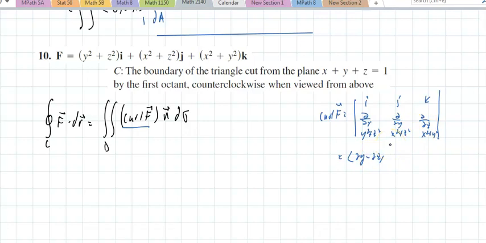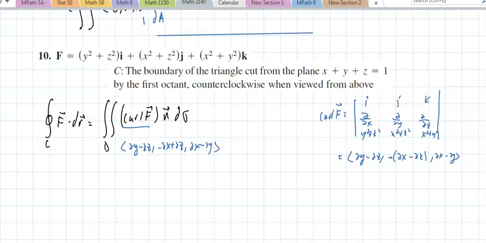And if I look at the j component, that is the partial with respect to x, that is 2x, minus the partial, that's 2z as well. And the k component, partial with respect to x minus partial with respect to y. Alright, so this is what I'm getting. So this is pretty much 2y minus 2z, negative 2x plus 2z, or 2z minus 2x, and 2x minus 2y.